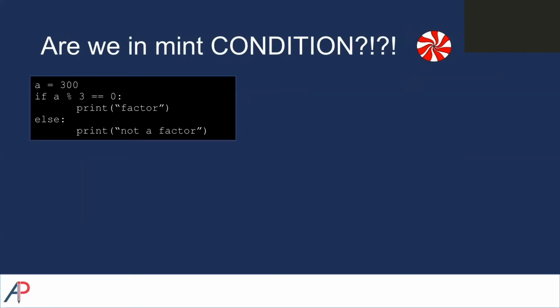It would print out factor. So I hope you guys remember that this symbol right here, modulus, just means the remainder. So if you do a modulus 3, this would be 300 modulus 3. 300 divided by 3, and then we get a specific remainder. So if you do 300 divided by 3, you get 100 with a remainder of 0.